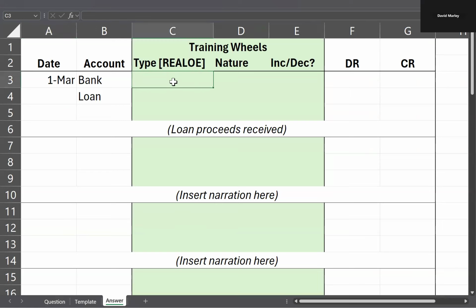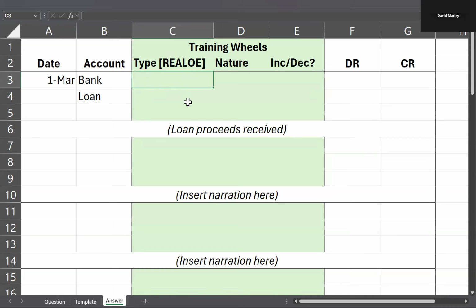Going through the training wheel component, we have a type, which is using the RIELO acronym. And at that point, you have to know your definitions for things. So I know that revenue, for example, is the income earned through income earning activities such as sales, but there's no revenue happening here. If you get stuck at that point, stop and do a table.